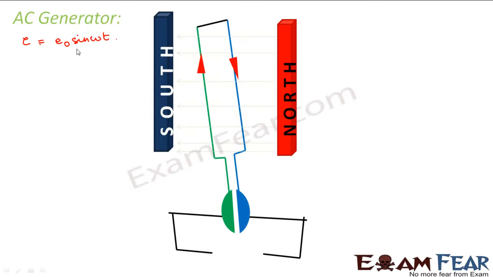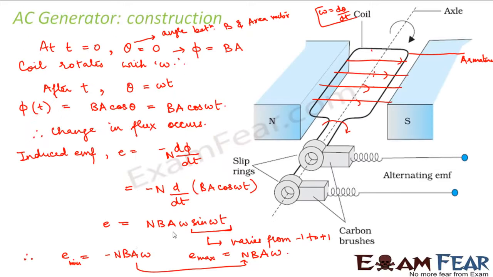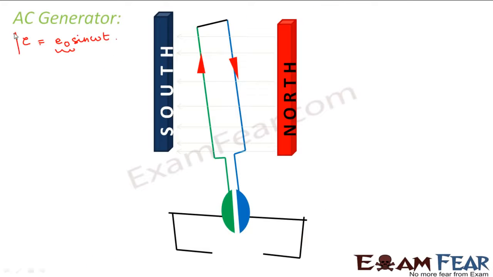What is E naught? E naught represents this value, NBA omega. So we see that the induced EMF produced would be a sine function. When omega t is equal to 0, it is 0.